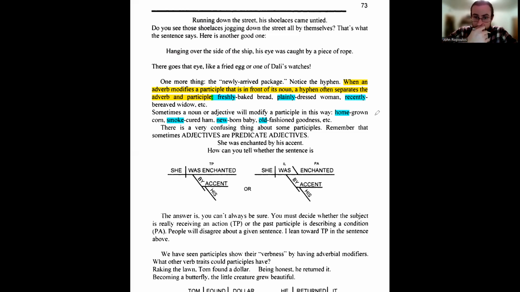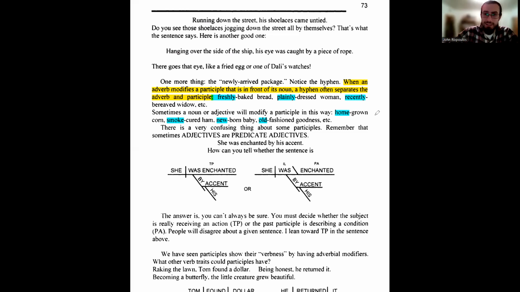Home is modifying grown, which is a participle. You have smoke, which is a noun, modifying cured, right, which is a participle. And then you have new and old, which are adjectives modifying participles. So new is modifying born, old is modifying fashioned. Okay, and so you're going to put hyphens between these as well.